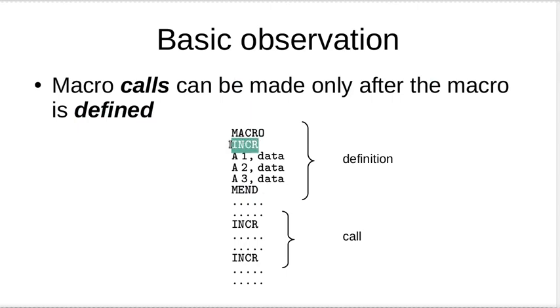If you remember, the name of the macro is always written in the second line, and if there are arguments, they are kept after the name. These statements, somewhere else in the program after the definition, are the macro calls.